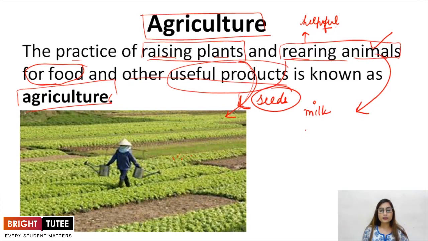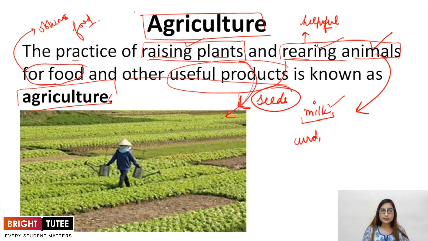We obtain other dairy products such as curd, khoya, paneer, etc. Everything is obtained from milk. So this is how raising plants and rearing animals helps us in obtaining food, right? We obtain food from animals and plants, and this is the part of agriculture.